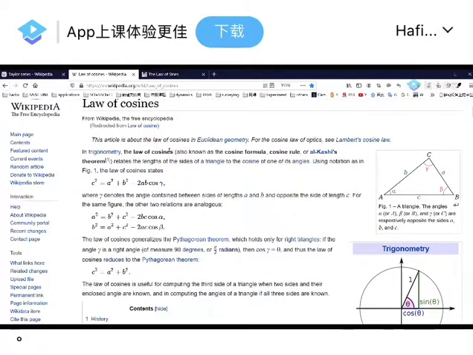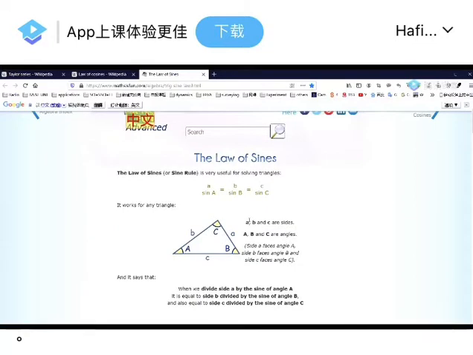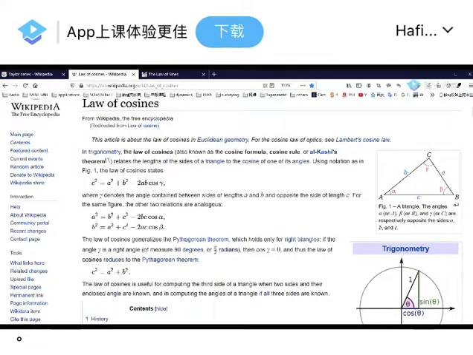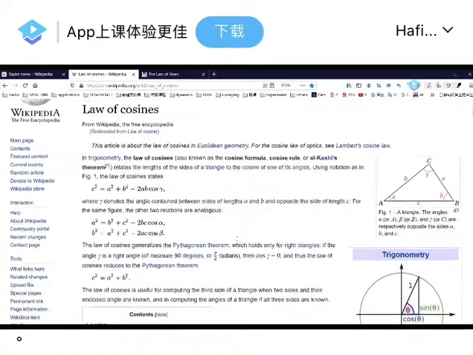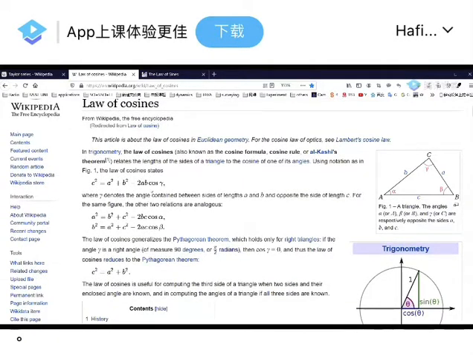This one is called the law of sines. Look at it: sines means over here sine A, sine B, sine C. So it's a law of sines. Now we have something called the law of cosines. So what's the relation between the cosine and the length of the sides of the triangle? Let's take a look.